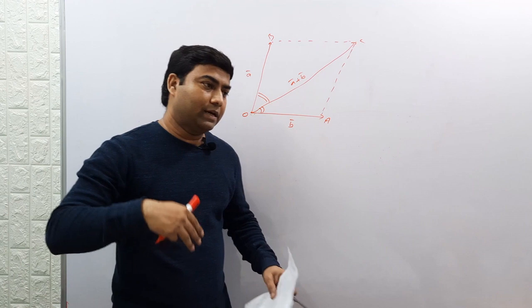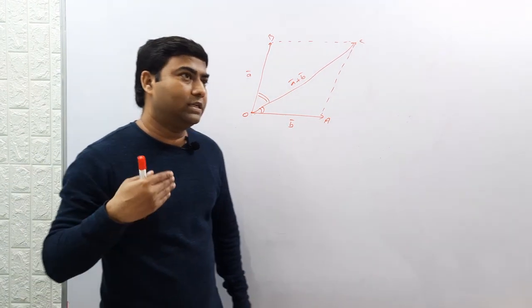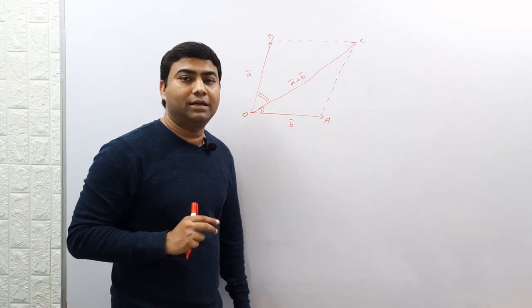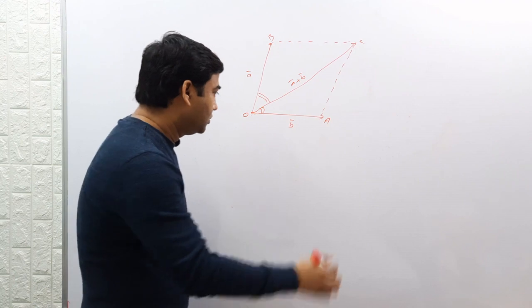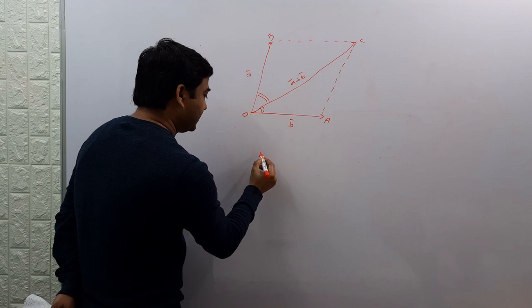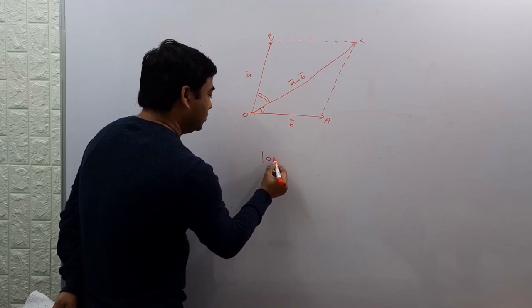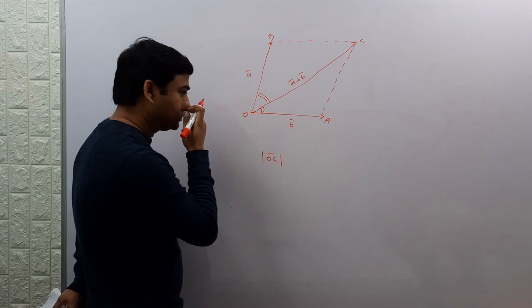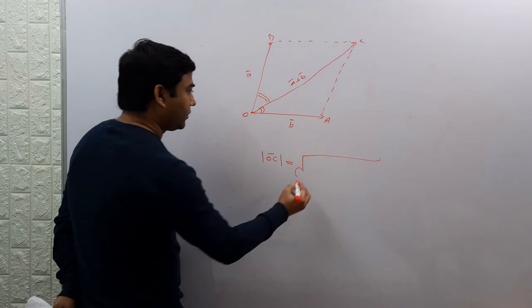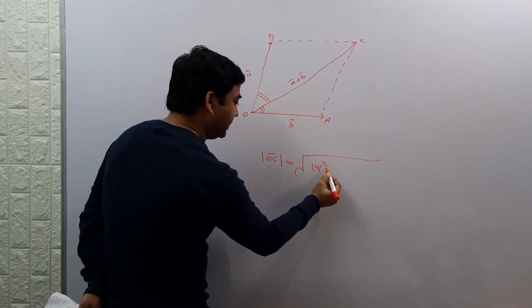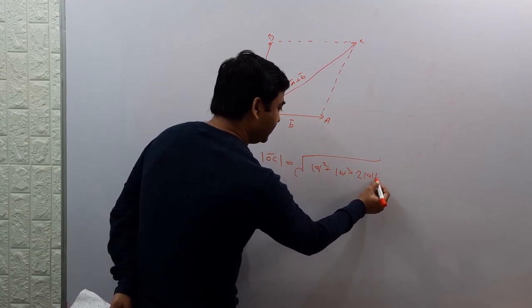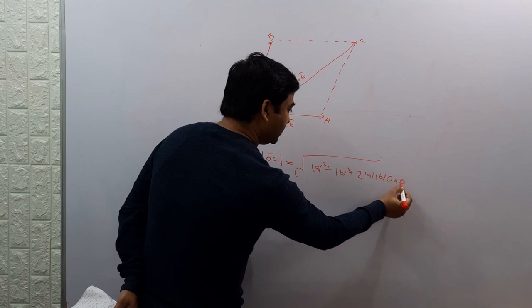Second way, we also have a geometric formula to find this length without actually measuring the lengths and angles. So the parallelogram law says that the resultant vector modulus of OC is equal to under root of mod of A square plus mod of B square plus 2 mod of A mod of B cos theta.